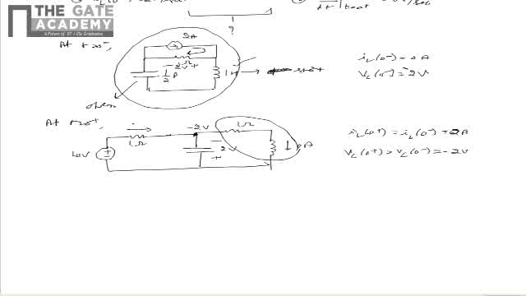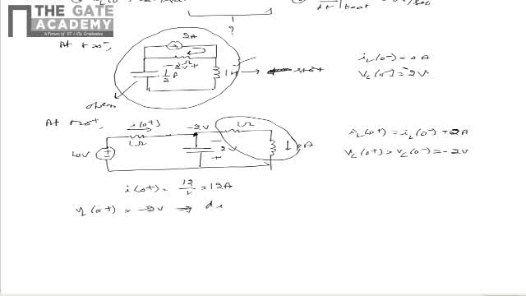Hence the current through the 1 ohm resistor, that is I of 0 plus, is equal to 12 divided by 1, that is equal to 12 ampere. So from this we can say that the drop across the 1 Henry inductor, that is VL of 0 plus, is equal to minus 2 volts.